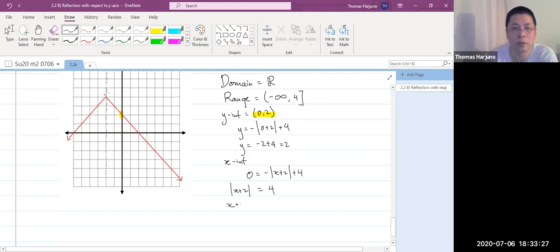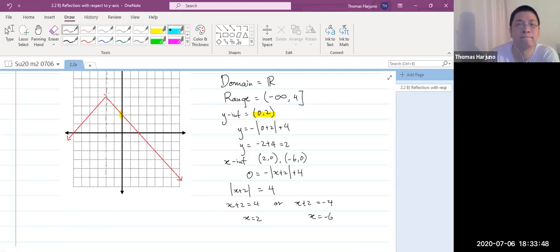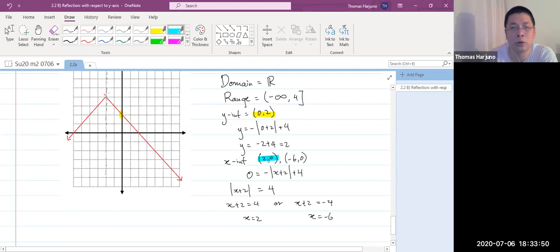So x plus 2 equals 4, or x plus 2 equals -4. x is 2, x is -6. So the x-intercepts will be (2, 0) and (-6, 0). If we compare with the graph, (2, 0) is here, (-6, 0) is here.